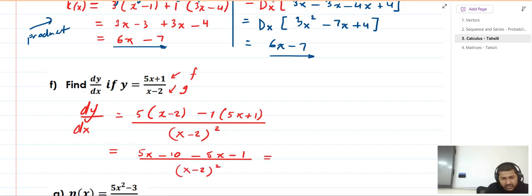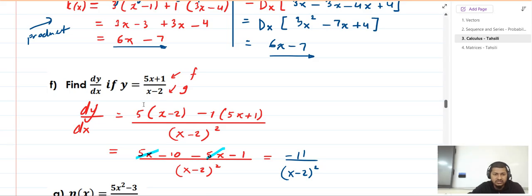So what do I have here? I've got 5x minus 5x cancels out. There's a cancellation happening here, and then minus 10 minus 1 gives me minus 11, negative 11 over x minus 2 squared. Okay, I hope you guys understood that.